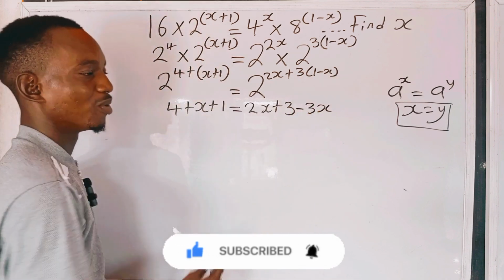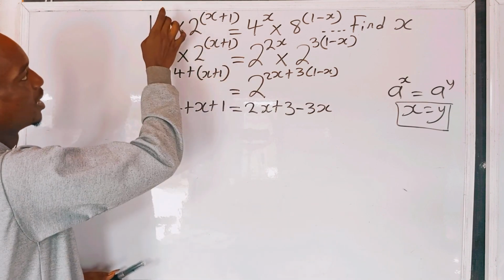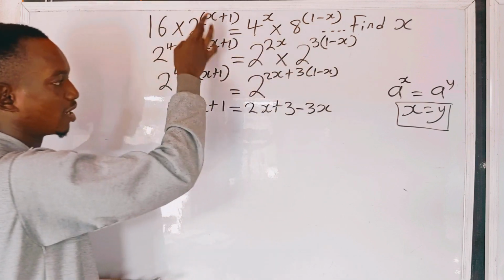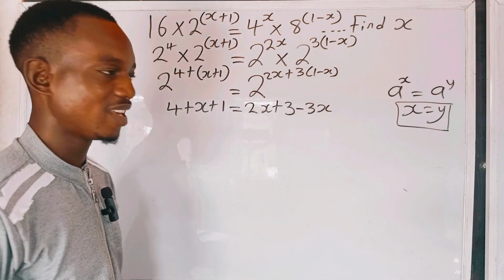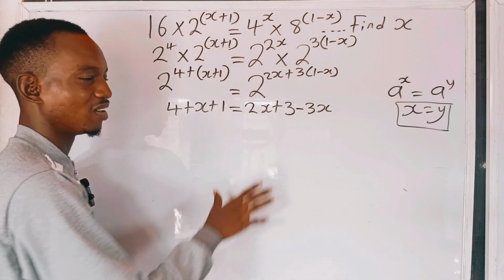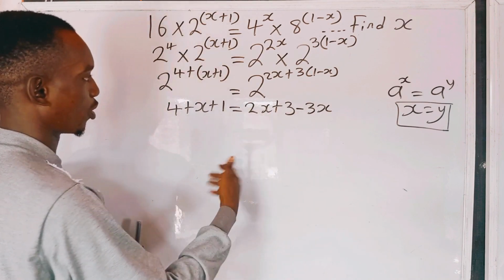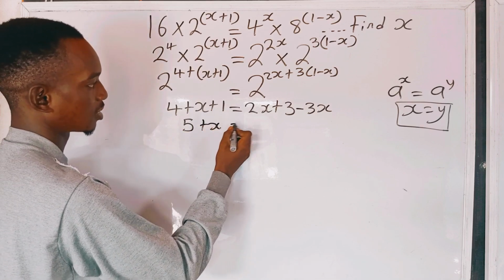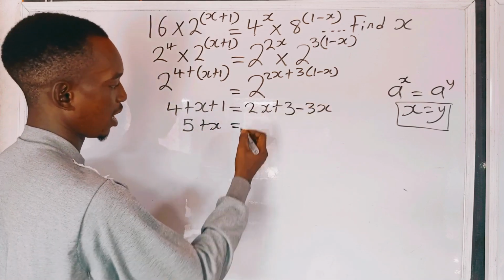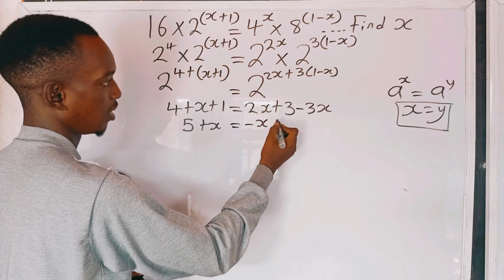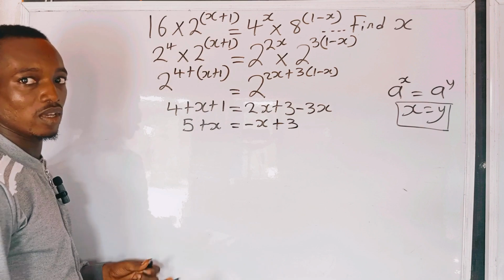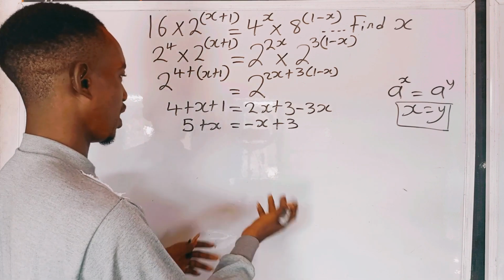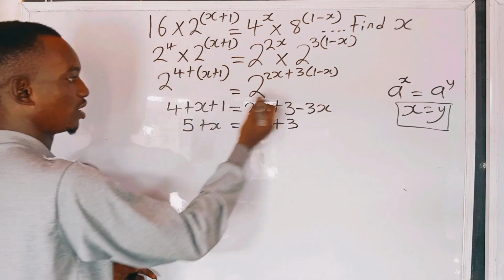So that means the two powers must be the same. Now you see that we have eliminated these powers and made it linear. Yes, we can now solve it using our normal idea of linear equation. So now we're going to simplify. Let's add 4 plus 1 gives us 5 plus x equals 2x minus 3x gives us negative x, then plus 3. Okay, so by transposing, we bring this here, we take this to the other side.